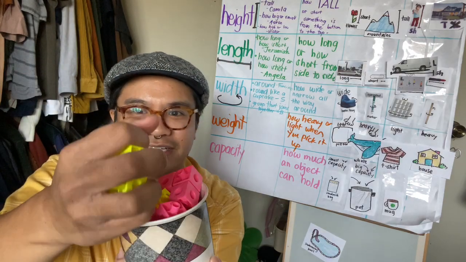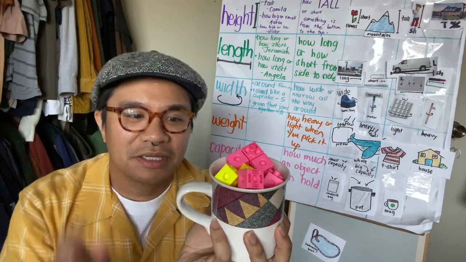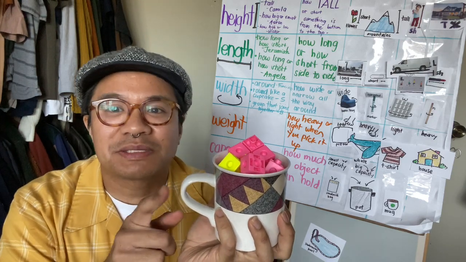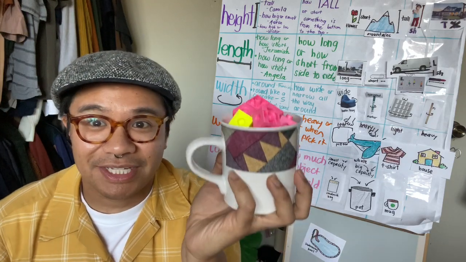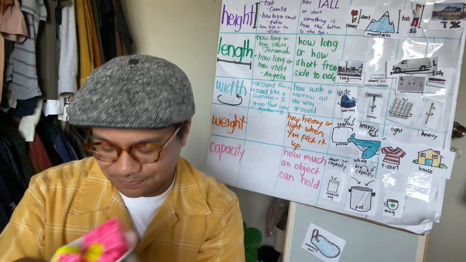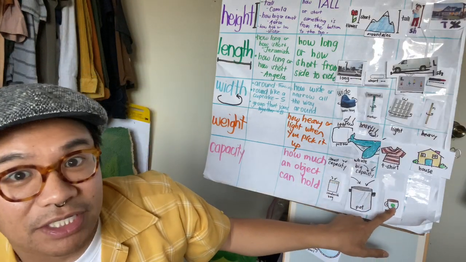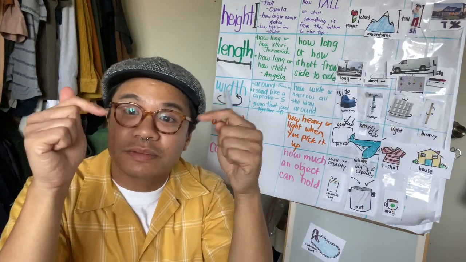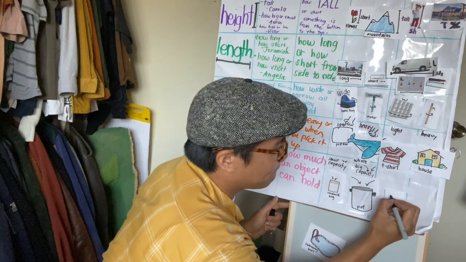Oh, that's it. It can only hold that much. So the capacity of this mug is a small capacity. It can only hold a little bit of cubes. So in my picture, I'm going to label the mug with small arrows because it has a small capacity.